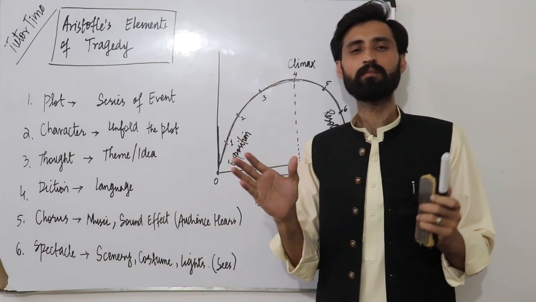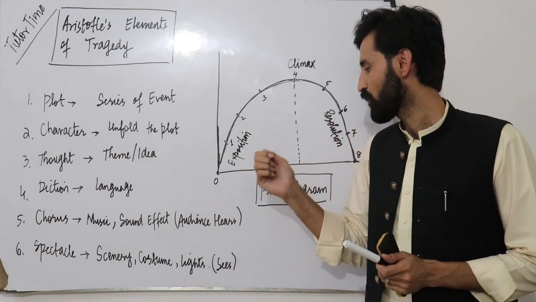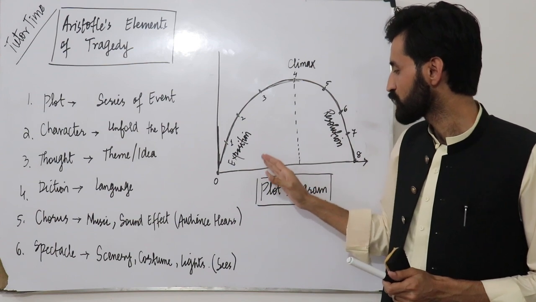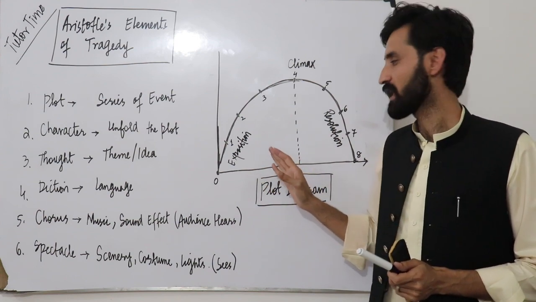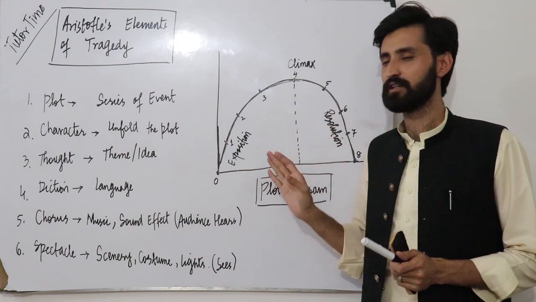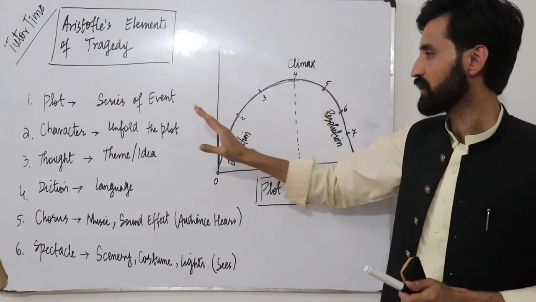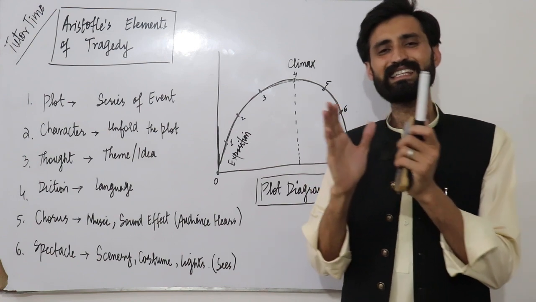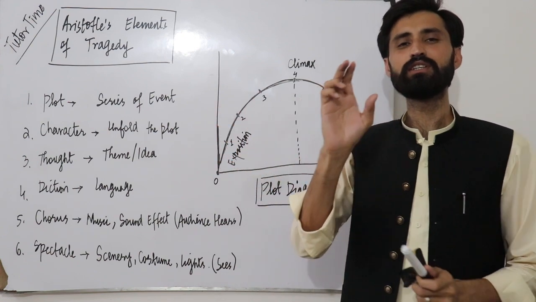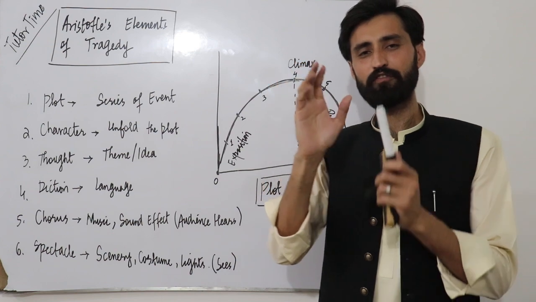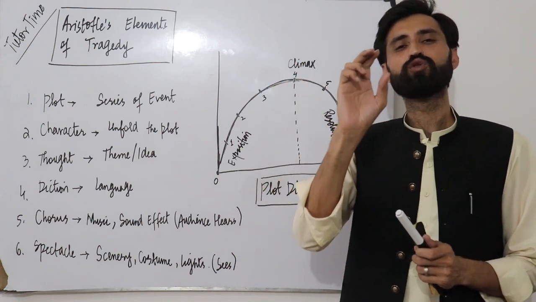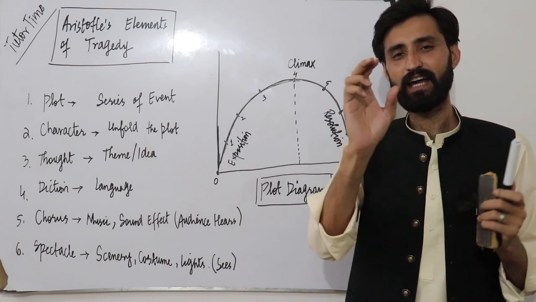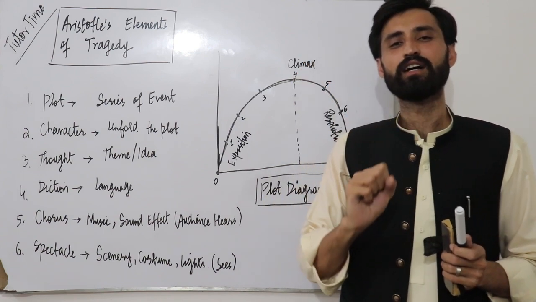We'll be discussing them one by one in detail, and along with that we'll try to understand all these elements through this plot diagram that I have just made. So what is a plot? Plot basically is a series of events. It means that a story is made up of events and those events are placed in a proper manner, and that is what we call a plot.